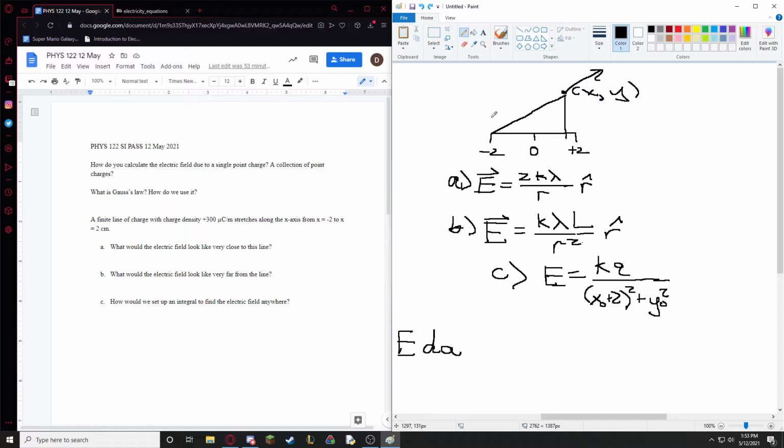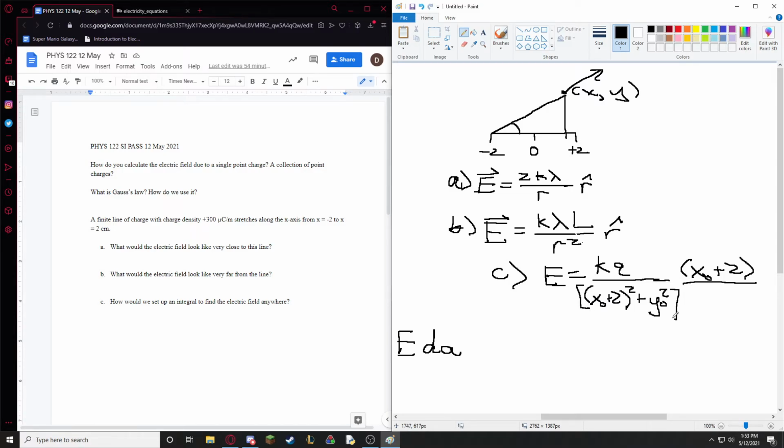The cosine. How do we get the cosine? Take the angle, this angle right there. So we want the cosine of that angle. How do we get that in terms of things we know? The adjacent over hypotenuse, exactly. So it's going to be X naught plus 2, that's the adjacent, over the hypotenuse, which is the square root of this, right?